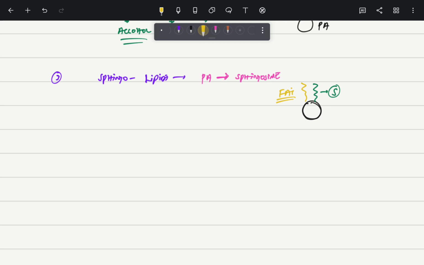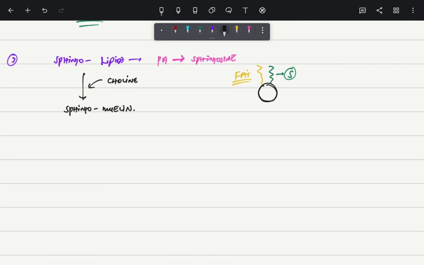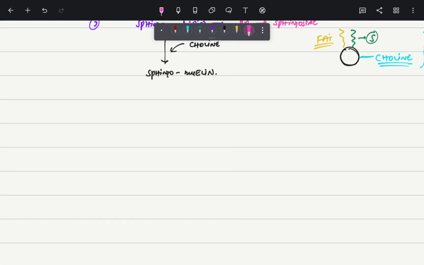And to this sphingolipid, if we add choline, then we will have sphingomyelin. I can simply add the choline to this esterified phosphoric acid. Then this entire compound is called sphingomyelin.